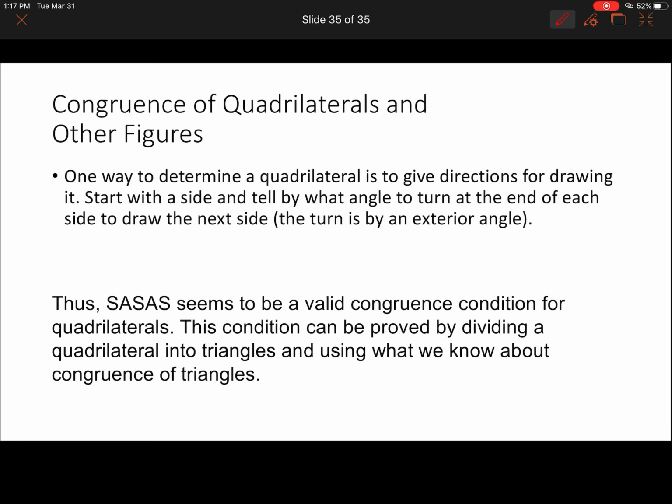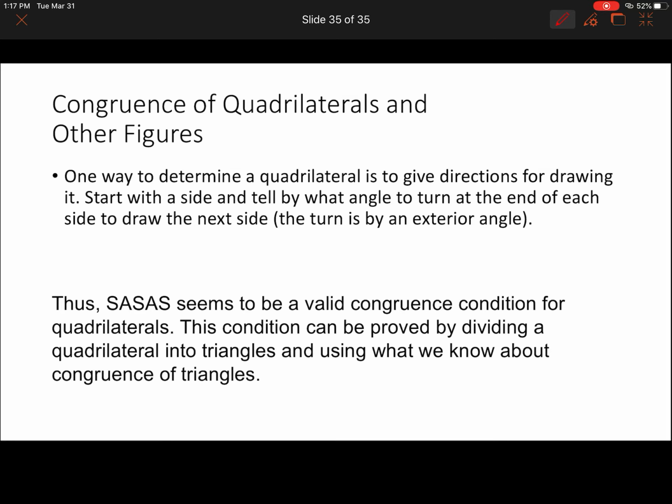You have to have more than just 3 things, because you have more sides and more angles. This condition can be proved by dividing a quadrilateral into triangles, which is what we just did, and using what we know about congruence of triangles.